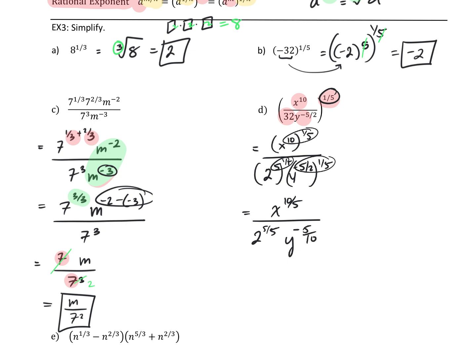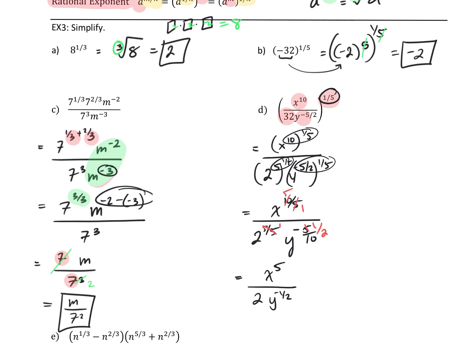Okay, so now we got all these fractions going on. Can we simplify any of them? We can. That will cancel with that, and that's a 5. Those cancel to a 1, and this one cancels to a 1/2. So let's see, what do we have? We have x to the 5th power over 2 y to the -1/2 power.